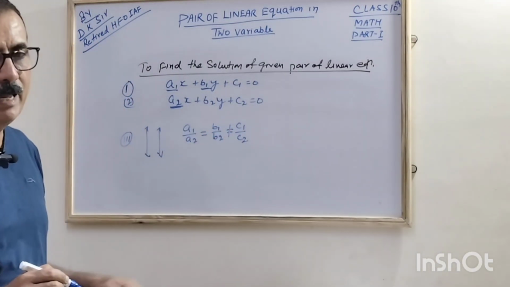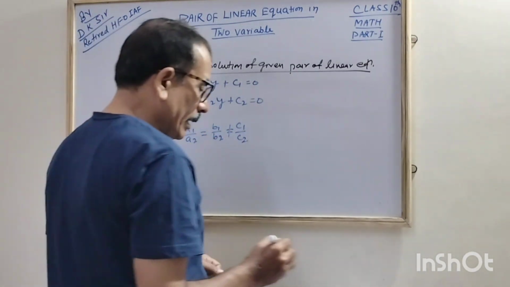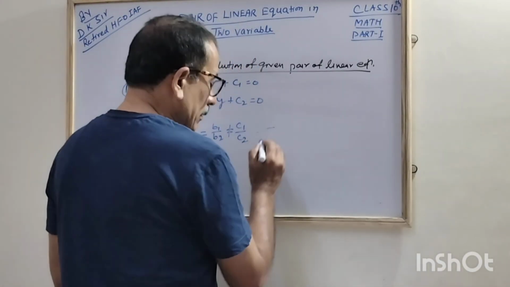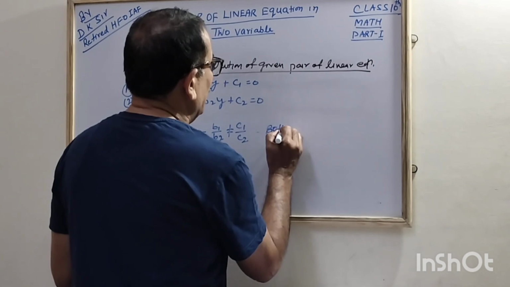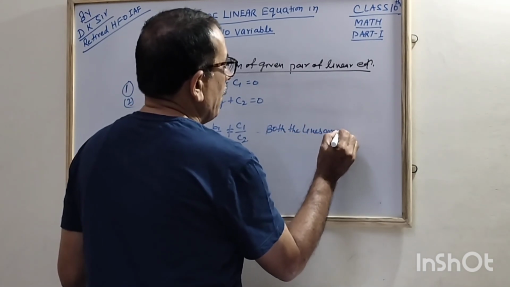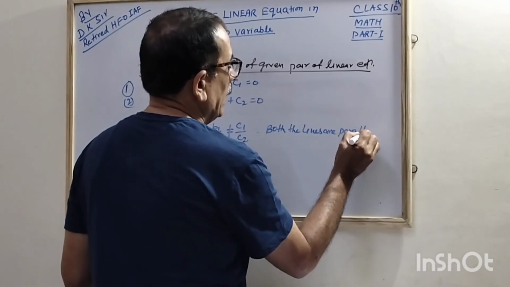When c1 and c2 are not in that ratio, what will happen? In this case both the lines are parallel.